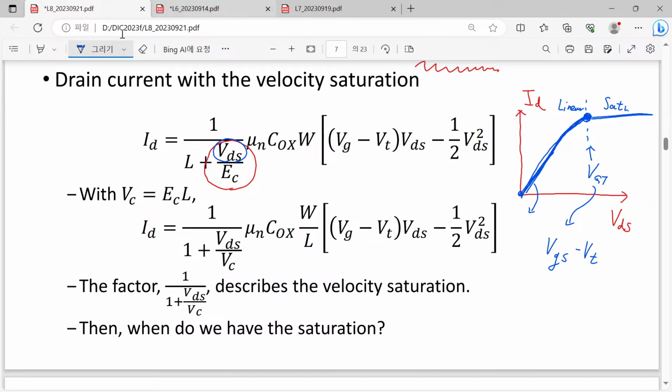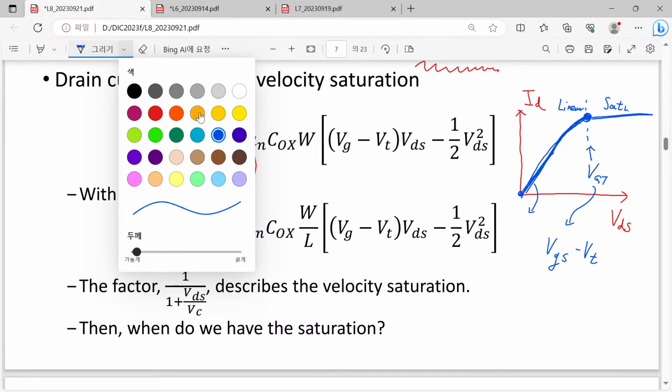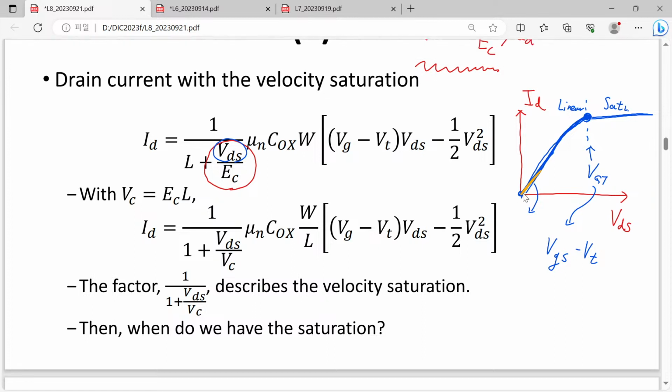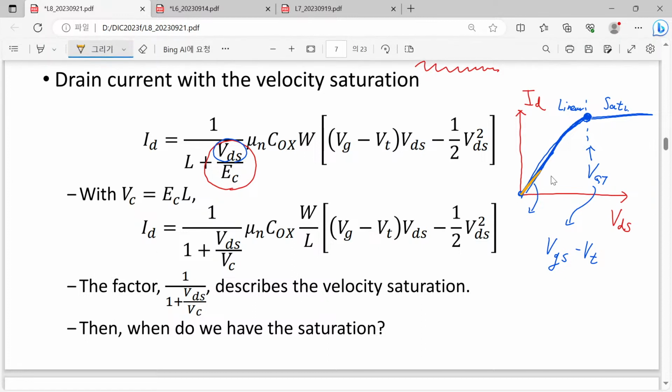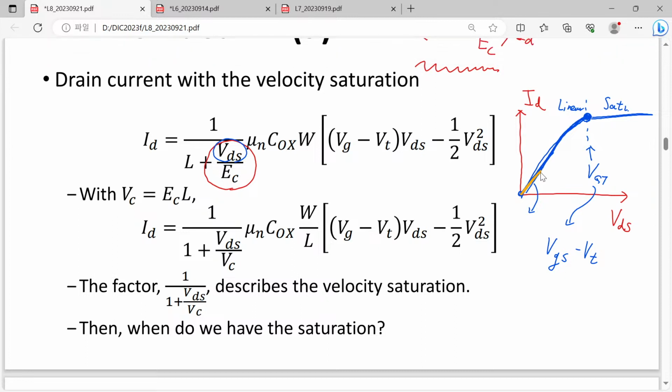And now according to this model, we now understand this is not affected by this velocity saturation. But when you go to higher and higher drain voltage, then we will have lower and lower drain current, and now we meet eventually the transition point, after that, that is shown here.